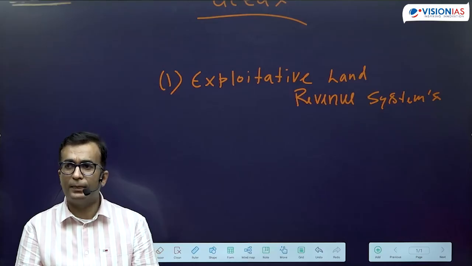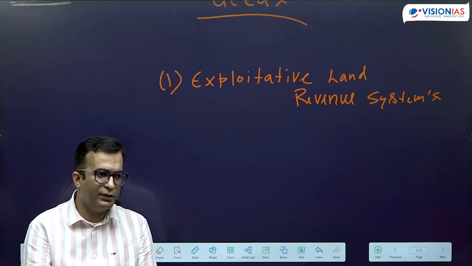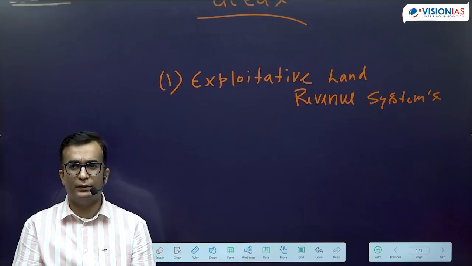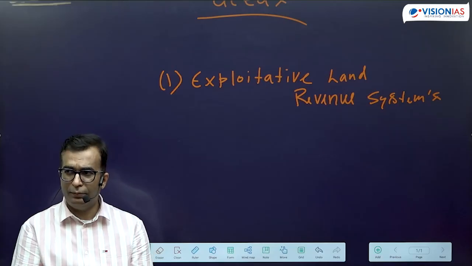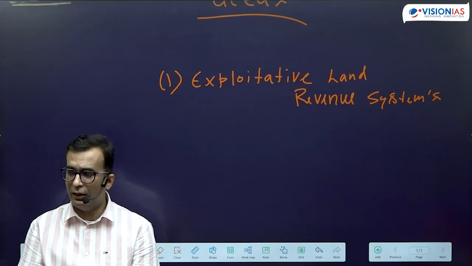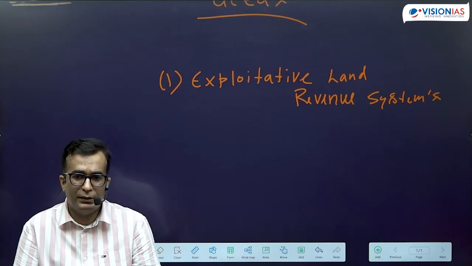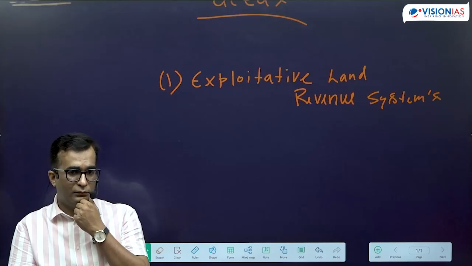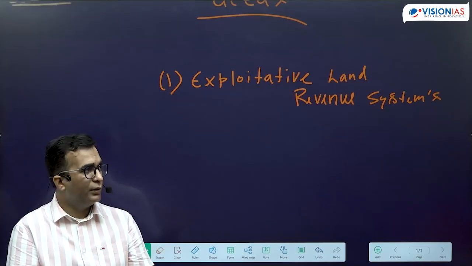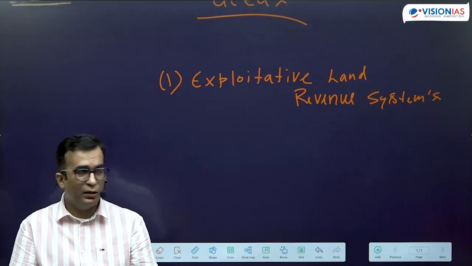Full stop. When the mutiny started, peasants joined it in large numbers. So this is what is about the exploitative land revenue systems.